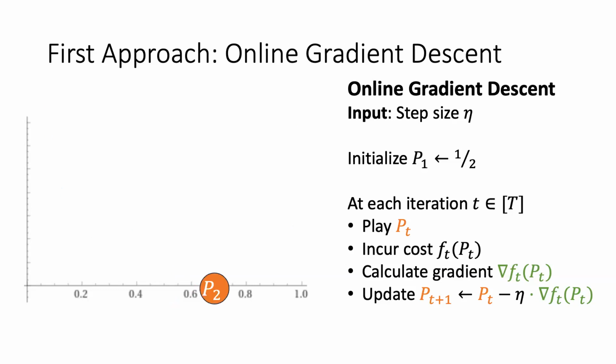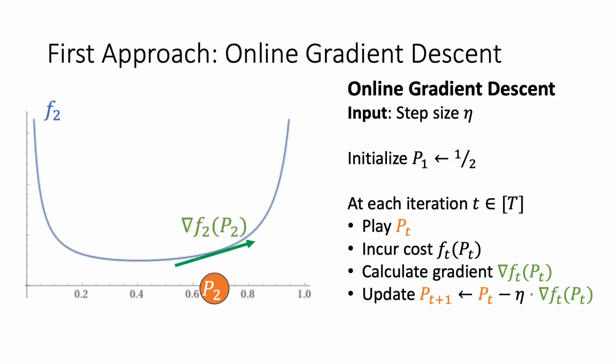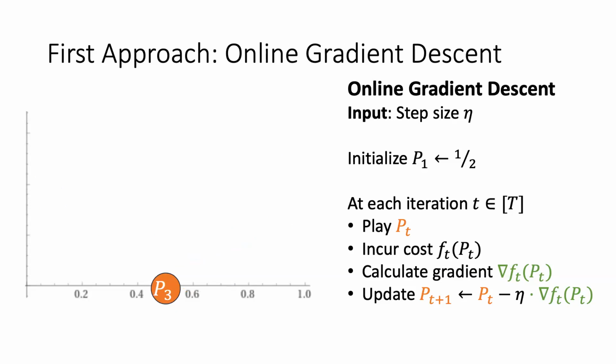And this is what you play at the second round. And now that you've played this, there's this new cost that comes. You've now incurred the cost of your action. You can look at the gradient and walk a little bit in the negative direction here. And now you play this in the third round, and so on and so forth. So this is how online gradient descent works.